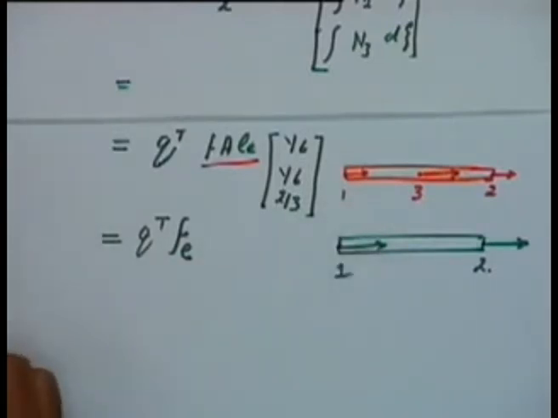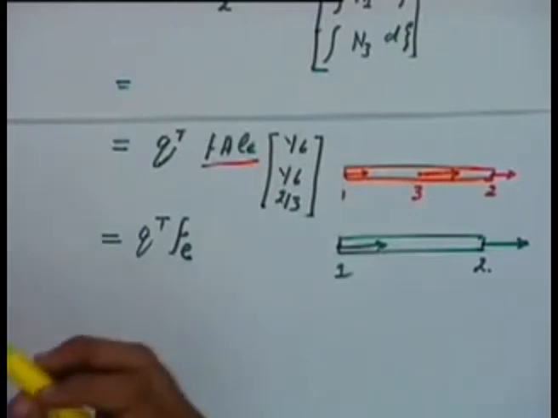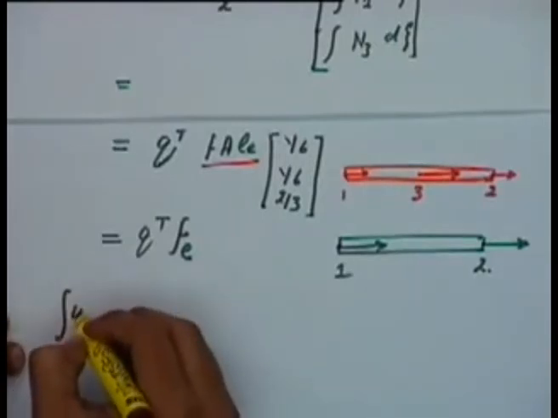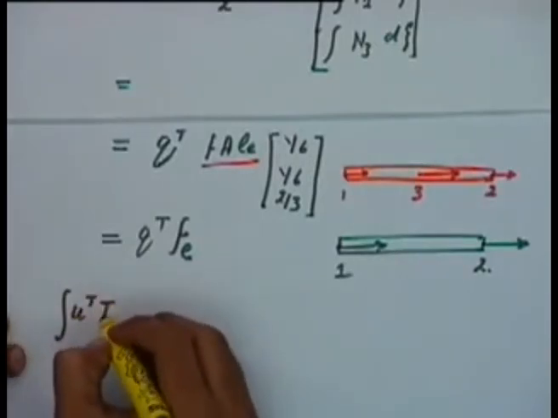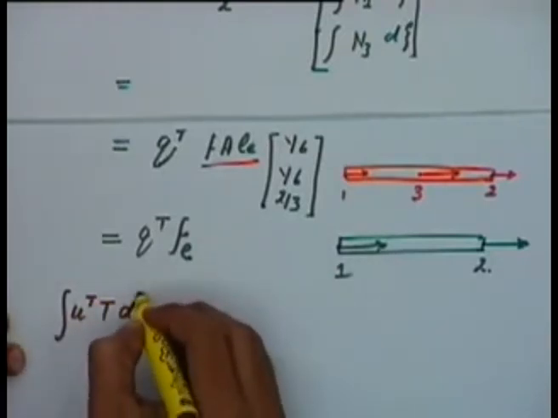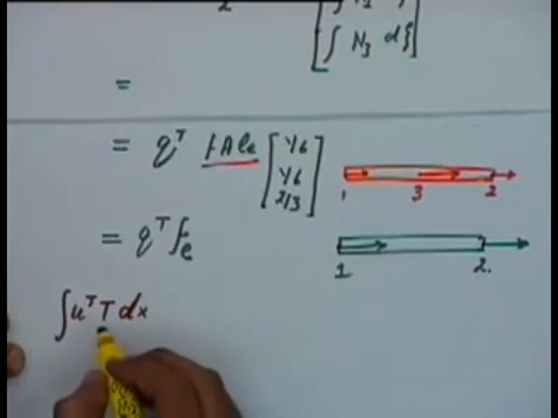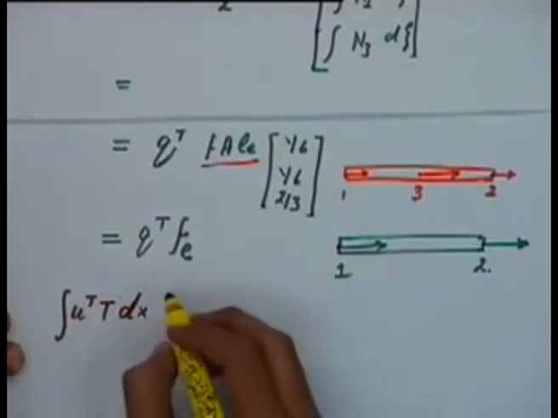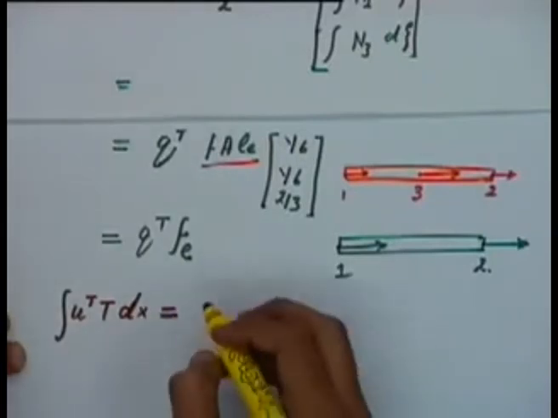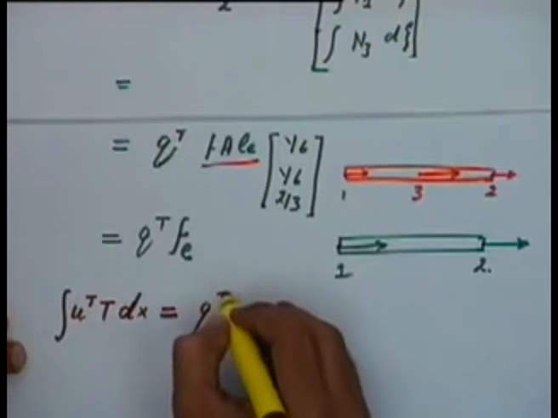Similarly, if you consider tractive forces, the term for the tractive forces that we have is the integral of U transpose into T into dA. In this case it will be dx if you take tractive force to be per unit length. Again I leave it up to you, you can carry out the integral.